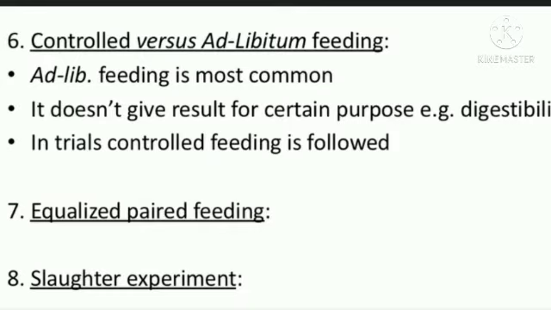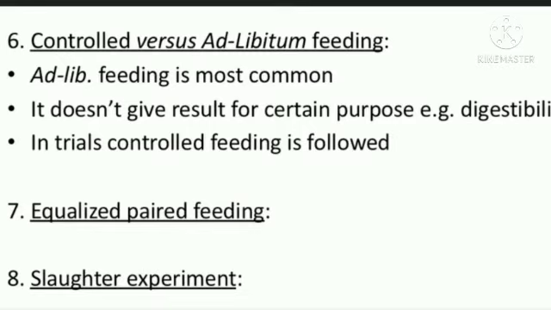Group feeding versus individual feeding. Yes, group feeding versus individual feeding experiments are also conducted, in which we can go for the individual feeding of the animal, or we can feed the animals in groups. We can divide 6 animals in one group and take the average of all, or we can go with the individual feeding method. Individual feeding is better than group feeding, because we can get the data of the individual animal and avoid individual variability.